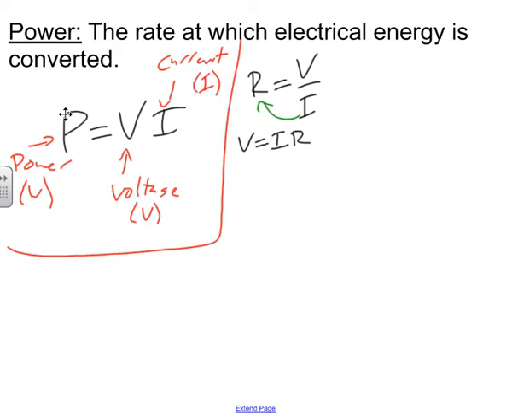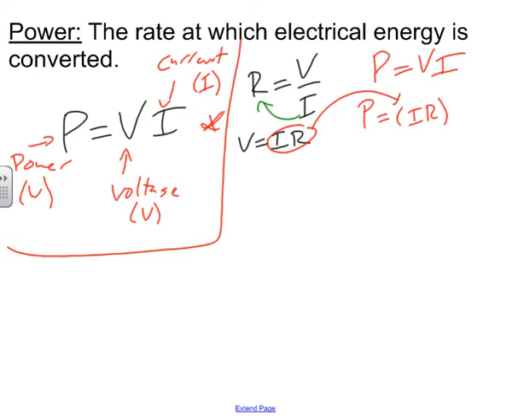And like we have over here, we know that power is equal to voltage times current. Let's plug this information in for voltage. So it's current times resistance times current again. And if we simplify that, that becomes current squared times resistance.